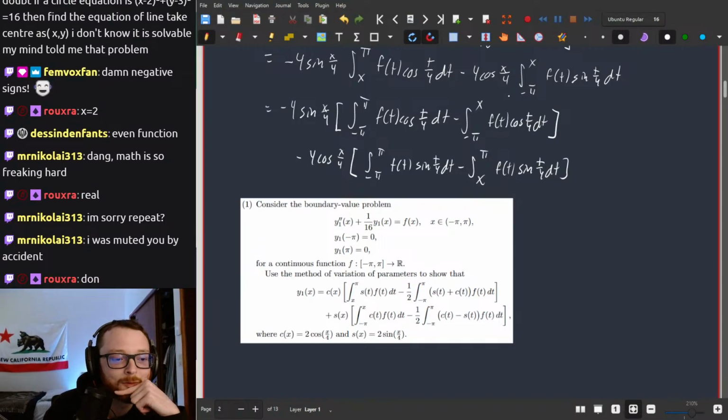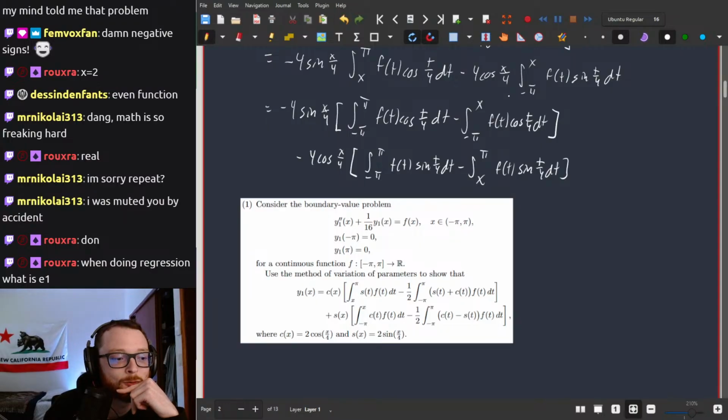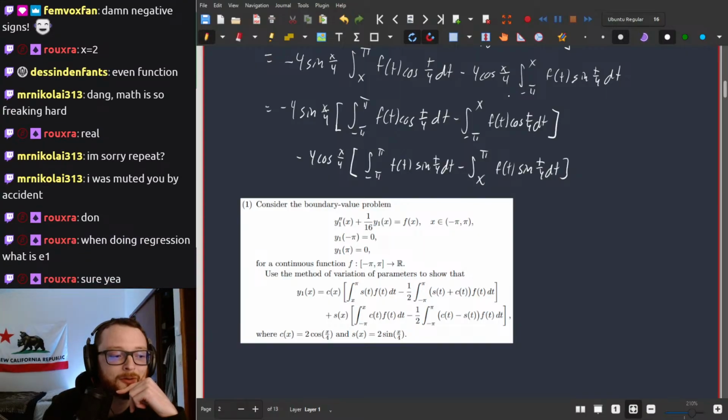What's up, Roxra? When doing regression, what is E1? Like linear regression? It's gonna be either the slope or the intercept, probably.